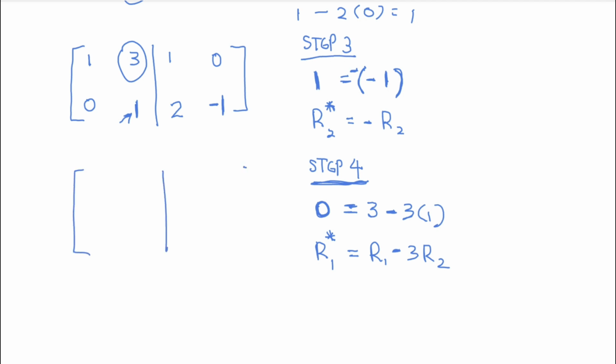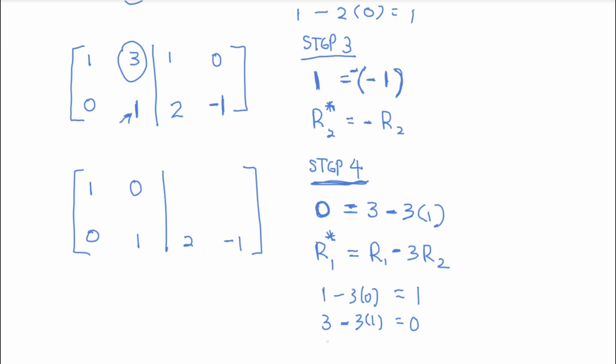So what is the solution? Row 2, you didn't change anything, so you just copy it back. So row 1, 1 minus 3 times 0, so you will get still 1. Understand? And then 3 minus 3 times 1, you will get 0.